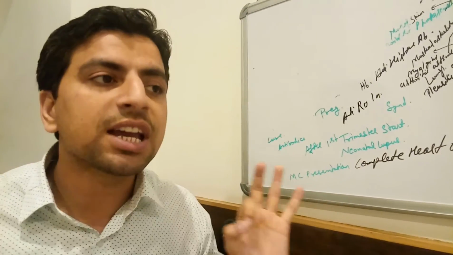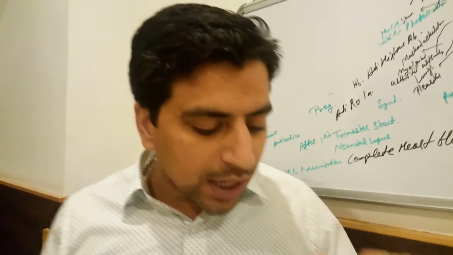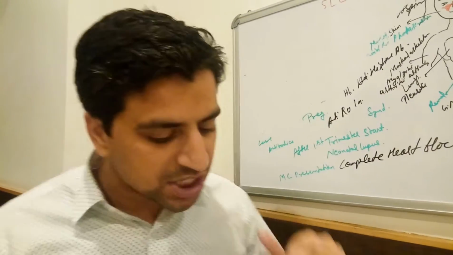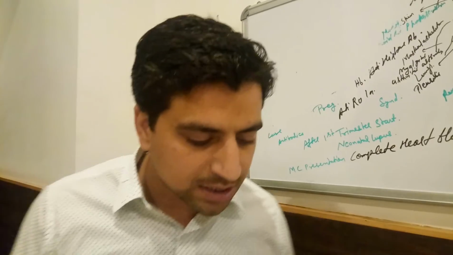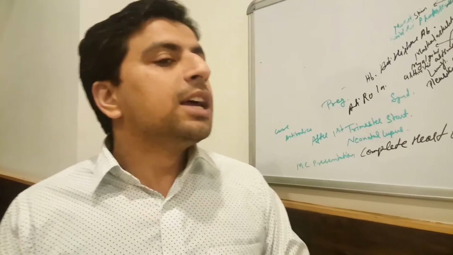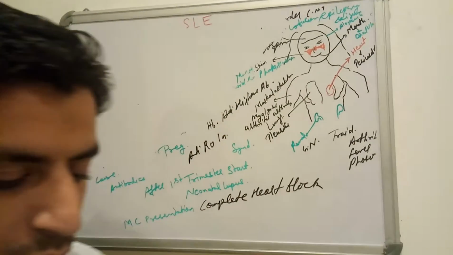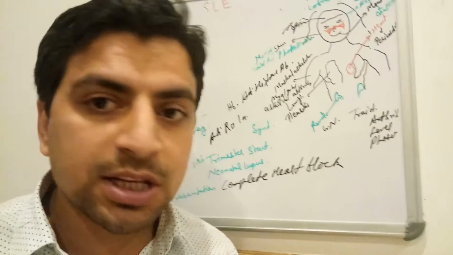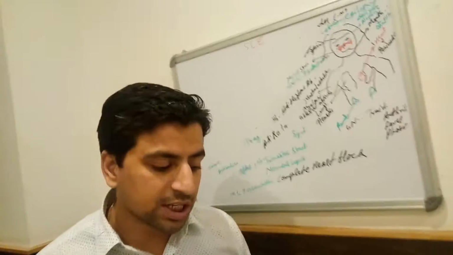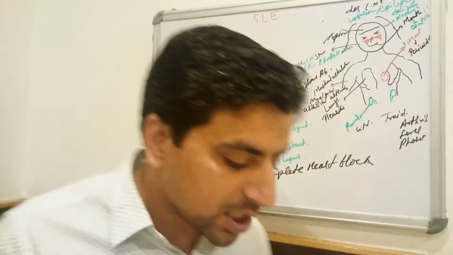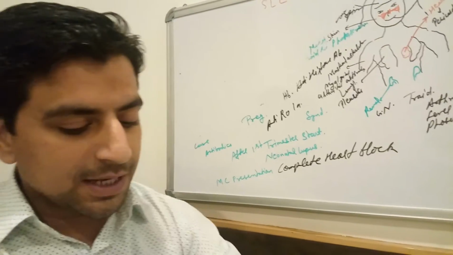The options: anti-Smith antibodies, anti-dsDNA antibodies, anti-histone antibodies, or anti-Ro antibodies. So my question goes to Dr. Lal Singh. Please choose option B. Yes, he is absolutely right, B is the answer. But I'm going to explain.